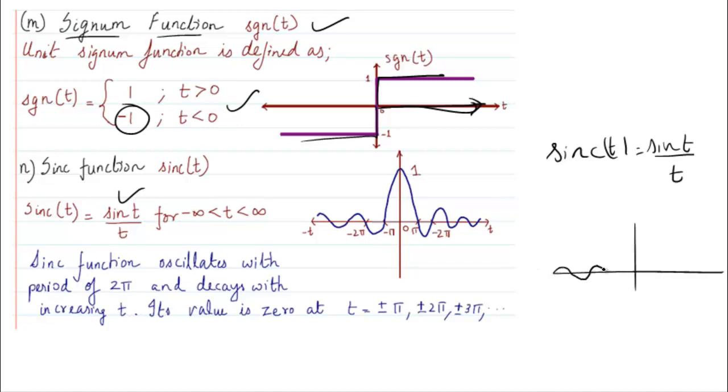The sinc pulse is very famous because it is extensively used in modern communication. What the advantage of a sinc pulse is you will study later, but a sinc pulse is very, very important with respect to communication engineering or digital communication.